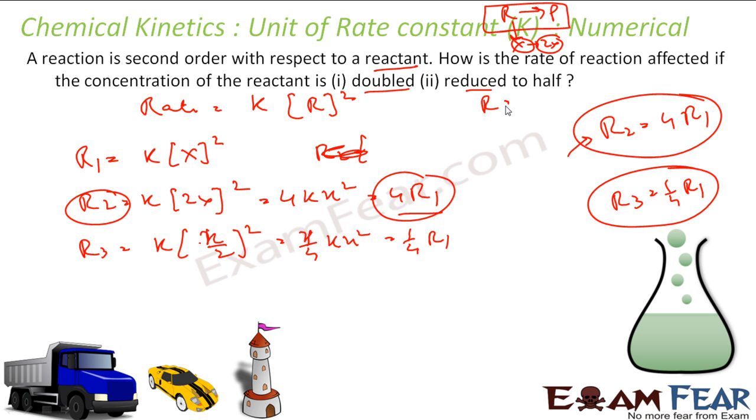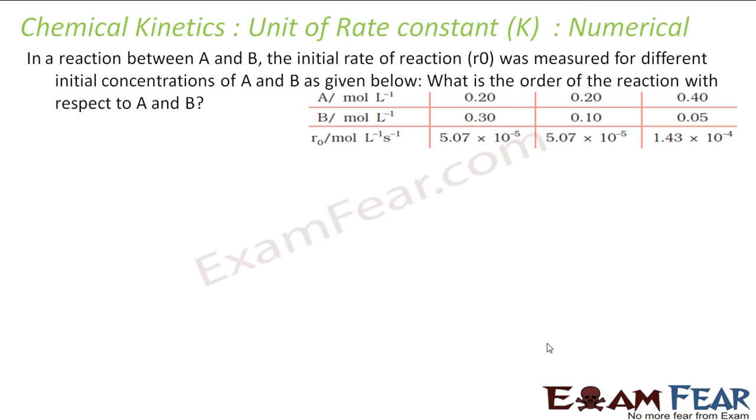The second scenario is R2, and my normal scenario is R1. So if you double the concentration of reactant for a second order reaction, the rate is 4 times. If you halve the concentration of reactant for a second order reaction, the rate is 1 by 4 times.